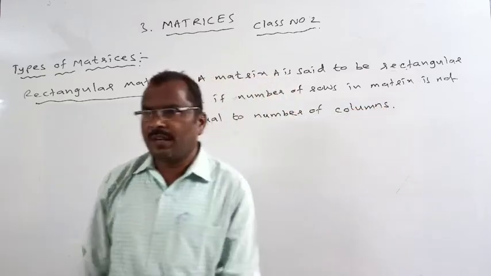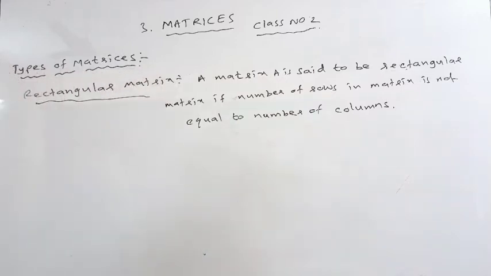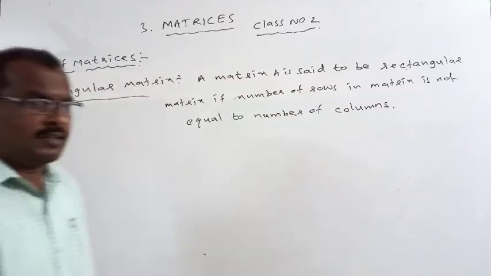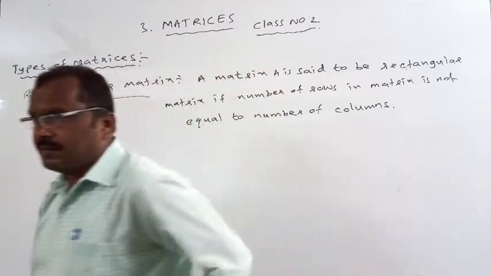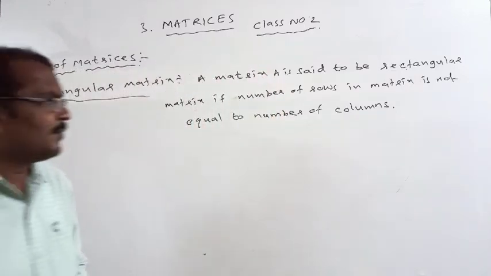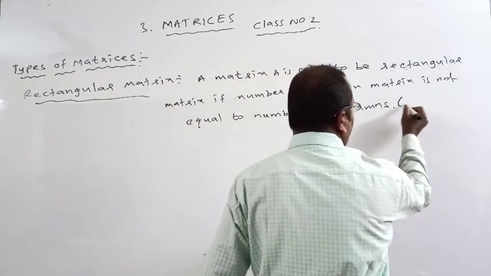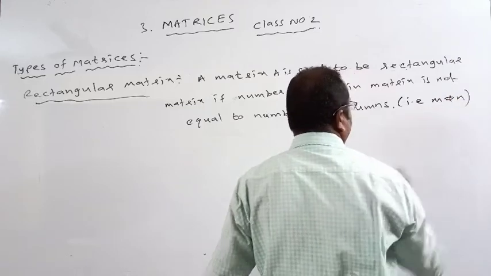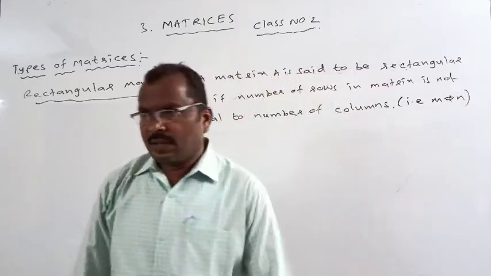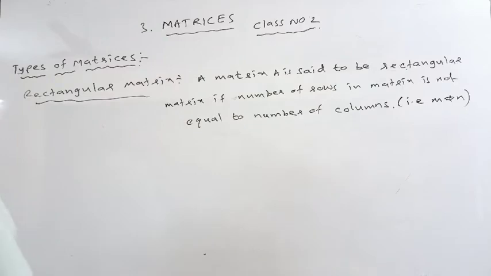The number of rows in a matrix is not equal to the number of columns, that is m not equal to n. We can give the simple word now. m not equal to n. In the order of a matrix, m not equal to n.